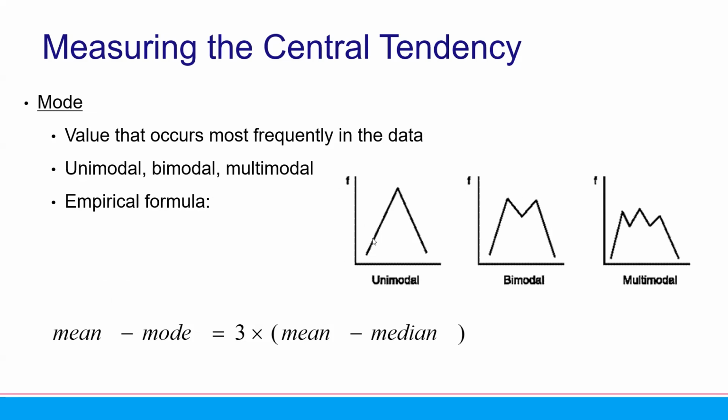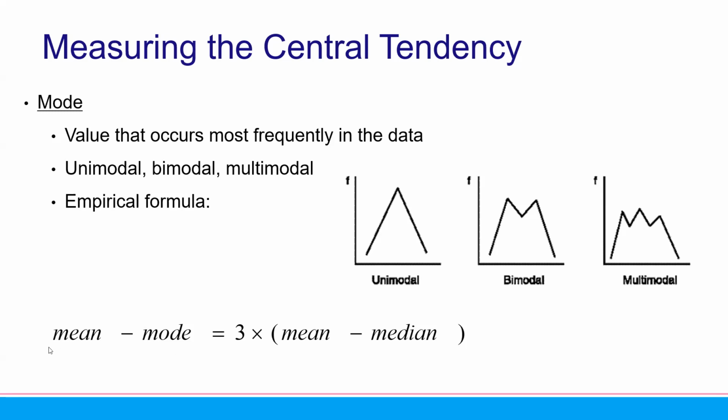In the unimodal, you can see that there is only one top, or the highest frequency is only one. But if we have two highest frequency, we call this bimodal. If we have 3 highest frequency, then we call it maybe trimodal, and so on. We can just say multimodal.